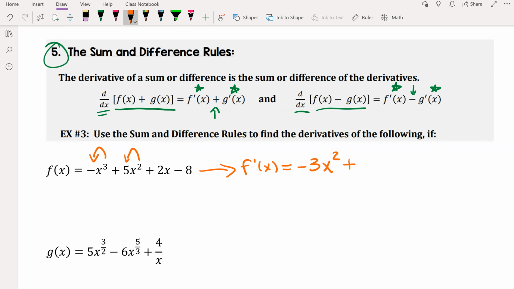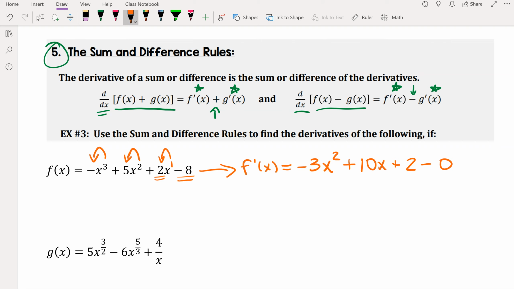So bring out the 2, that's 10 x to the 1 because 2 minus 1. Remember that exponent is 1. And anytime the exponent is 1, you just get the coefficient that's multiplying. So plus 2. And then remember that the derivative of a constant is 0. So we could say minus 0. But we don't need the minus 0 probably on the end, right? Okay, so that is your first derivative.